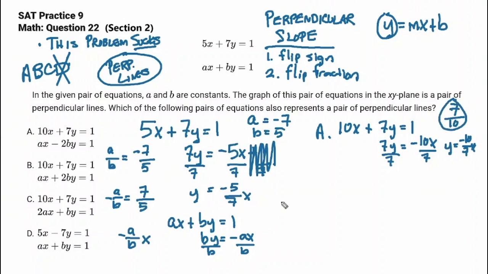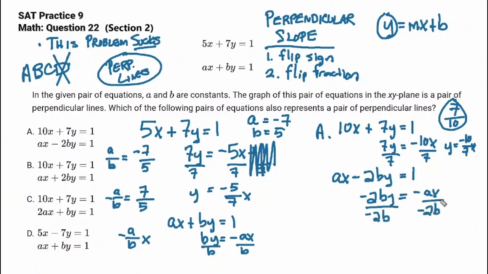The second equation is ax minus 2by equals 1. All right, so negative 2by equals negative ax. The 1 doesn't matter. I'm going to divide through by negative 2b.